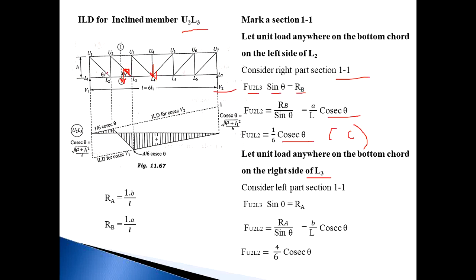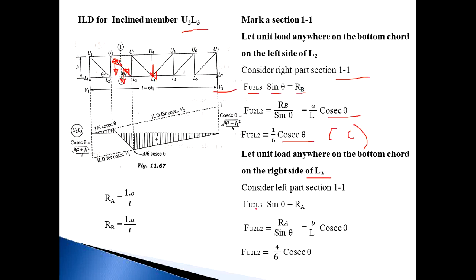So I consider the left side of the section because it has the minimum number of forces. On that side RA is there, RA going in an upward direction, and our member is U2 U3. So your balancing force becomes downward, which means the direction of the arrowhead is away from the origin.